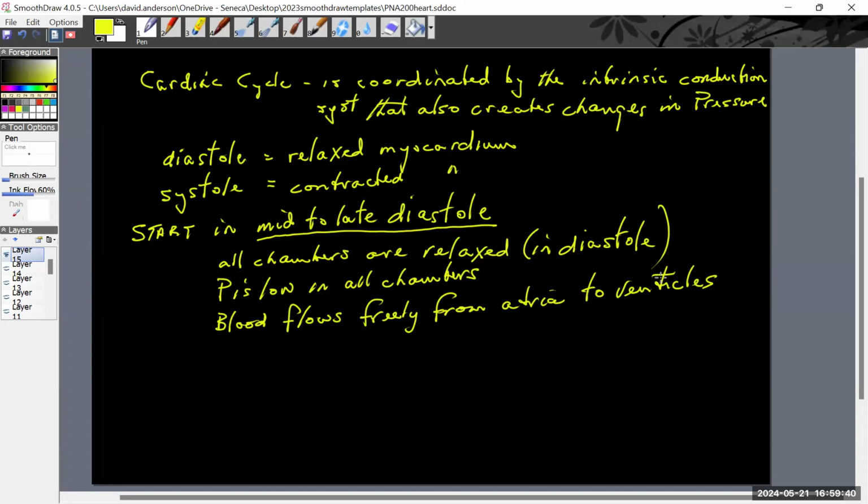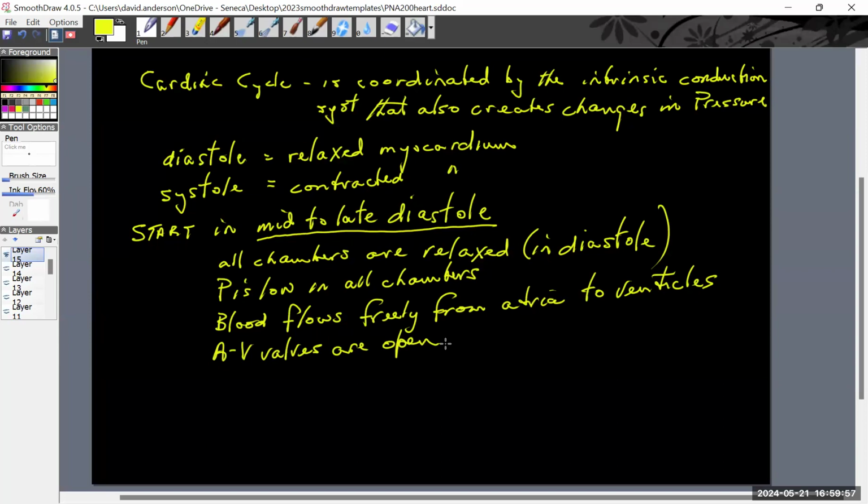So it's going to flow into the chamber. The AV valves are open, so it's going to flow freely from the atria to the ventricles.